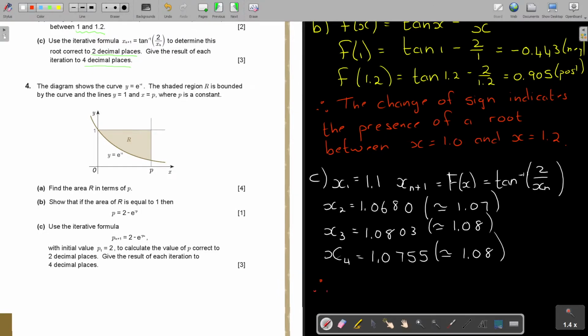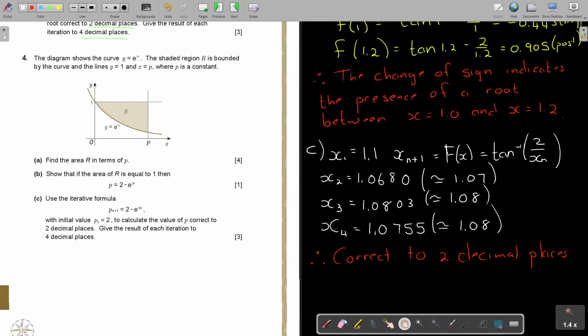So therefore, correct to 2 decimal places, x is equal to 1.08. And that's how you do number 3.